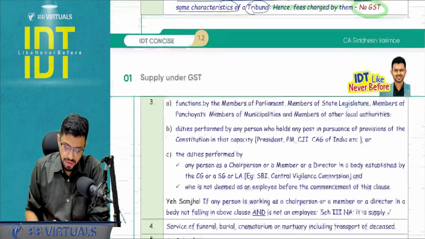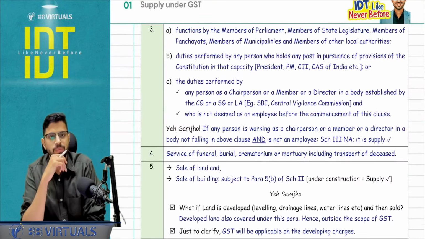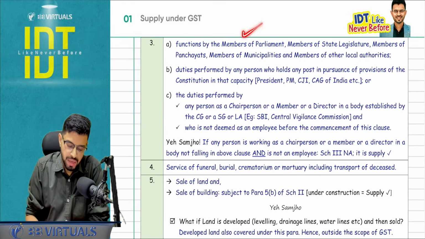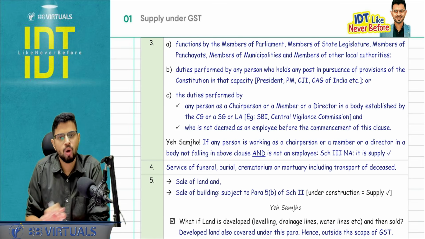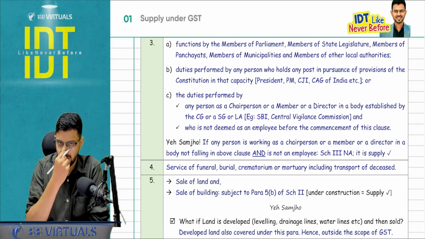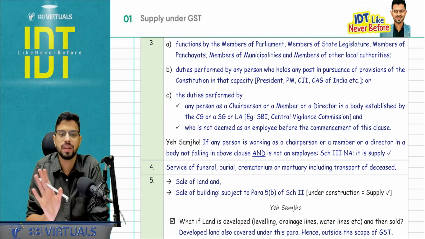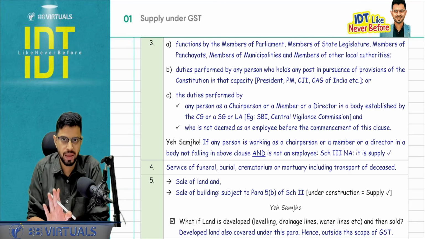Next, functions of our political figures, political posts, be it an MP, be it an MLA, be it a panchayat, local authority, be it any municipal corporation authority, all these members are not under GST. Obviously, they are not employees. It's not said that India is an employer and these are the employees. They get the remuneration that is not under GST, that is not a supply.